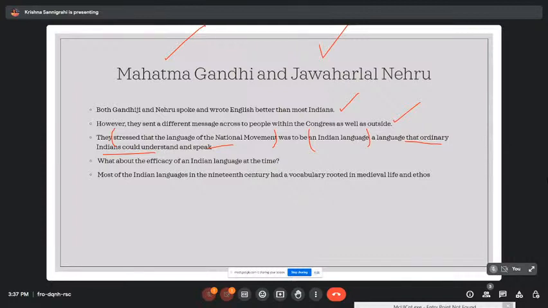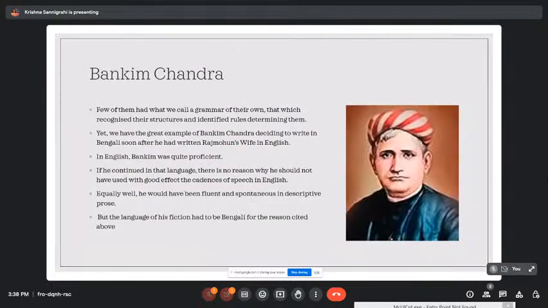And what about the efficacy of an Indian language at that time? So most of the Indian languages in the 19th century had a vocabulary rooted in medieval life and ethos. Now we come to the next person we are discussing, which is Bankim Chandra.